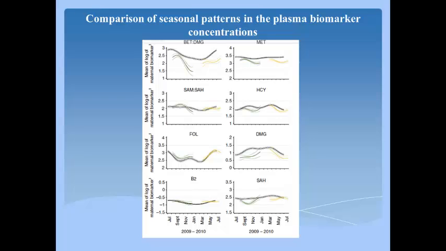Maternal periconceptional concentrations of folic acid, vitamin B2, methionine, betaine (not shown here), the ratio of S-adenosylmethionine and S-adenosylhomocysteine, and the ratio of betaine and dimethylglycine were higher in rainy season, and concentrations of vitamin B2, dimethylglycine, homocysteine, and S-adenosylhomocysteine were lower.